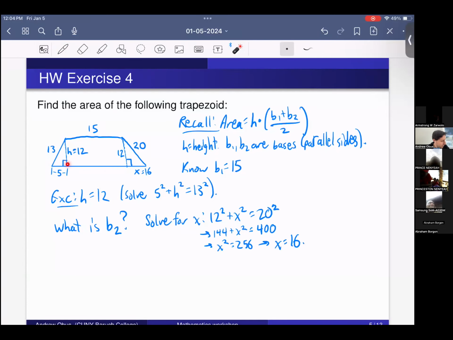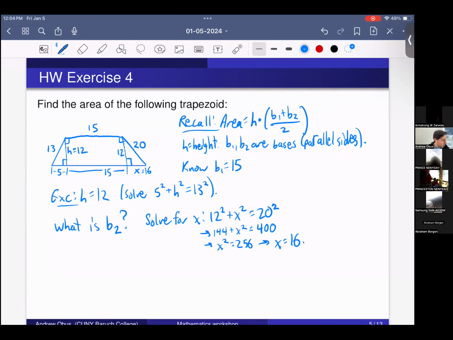How much is this part? So we have 15 in between. Exactly, 15 here, because this is just a rectangle. Everything here is a right angle. So that means the second base is just 5 plus 15 plus 16. This is not drawn so well to scale, I really should have made this 20 side much longer, but it is what it is.